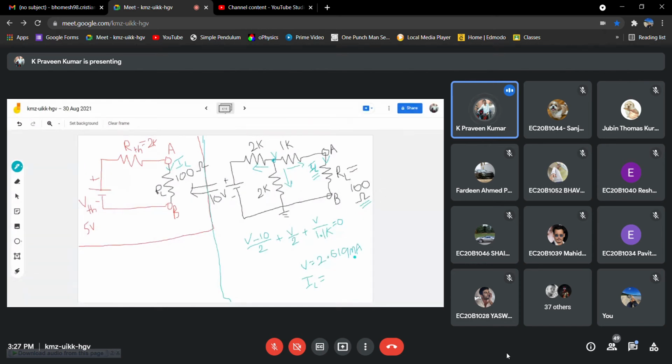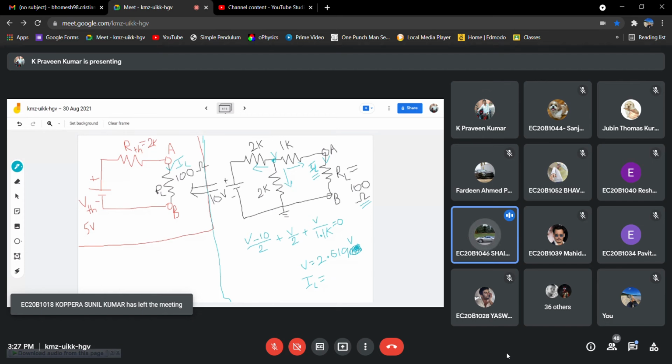Sorry, that is not 2.619 milliampere, this is voltage. Sorry, that is volt: 2.619 volt. And what is IL? 0.002619, sir. Yes. Milliamperes. Sorry, how much?